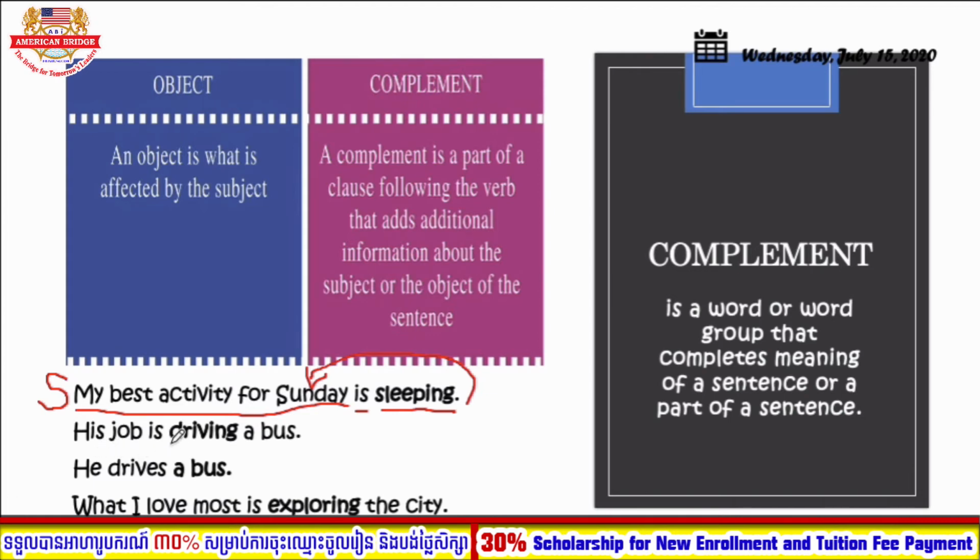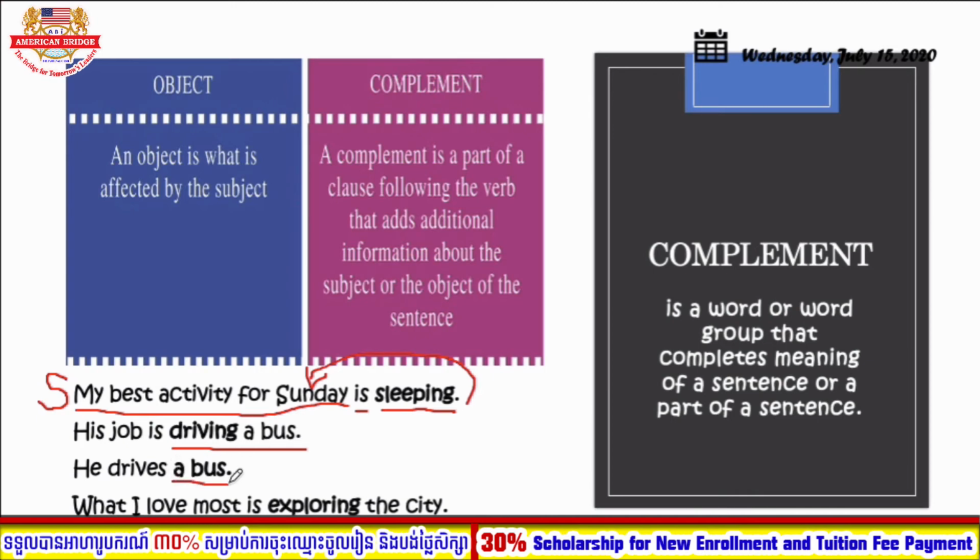His job is driving a bus. So here, can you see any action? Can you see the word driving as the object or complement? Sure, it is a complement because there is no action affecting the word driving. On the other hand, he drives a bus.